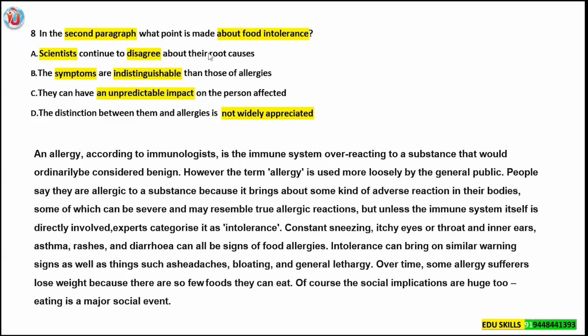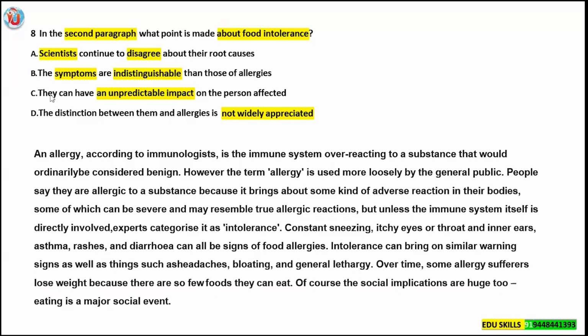After reading the text, we check the answer options. Answer option A. Scientists continue to disagree about their root causes. The keywords here are scientist and disagree. Answer option B. The symptoms are indistinguishable than those of allergies. The keywords are symptoms and indistinguishable.